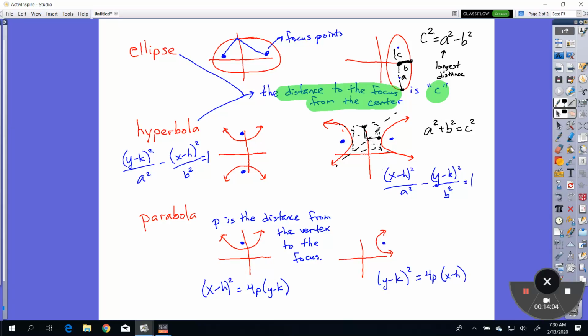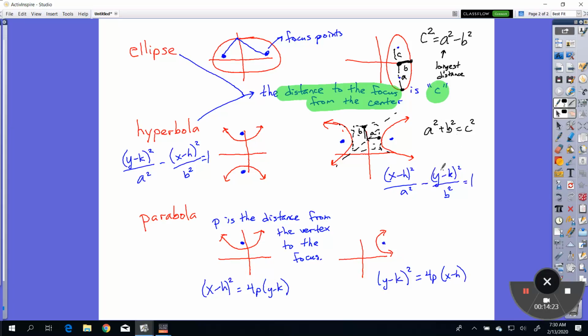Drawing the picture is a whole lot easier than the notes, but doing the calculations is kind of tricky.